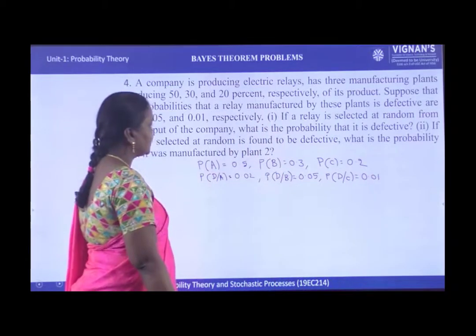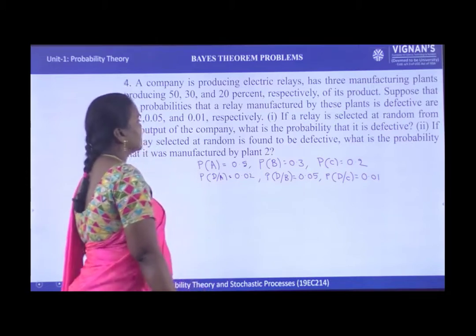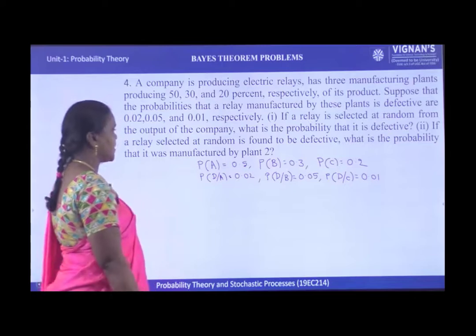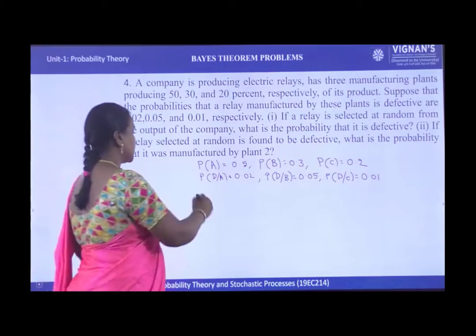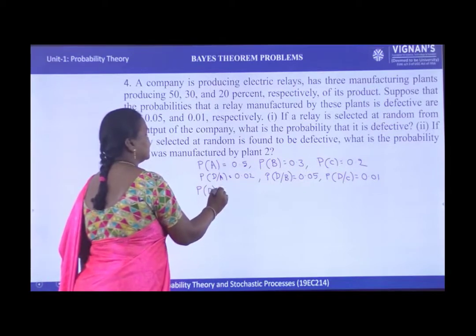Next bit, if a relay is selected at random from the output of the company, what is the probability that it is defective? That is, they are asking us to find what is the probability of defective.